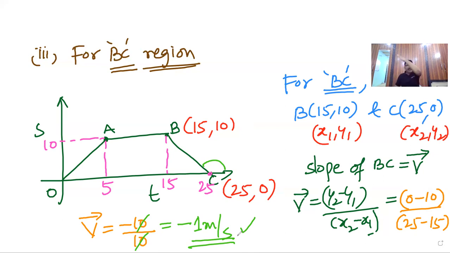If you have a line like this, slope is positive. Observe for this OA, theta is less than 90, slope is positive, velocity is positive. Here, for this BC line, with the positive x-axis, theta is more than 90. So slope is negative, hence negative velocity.